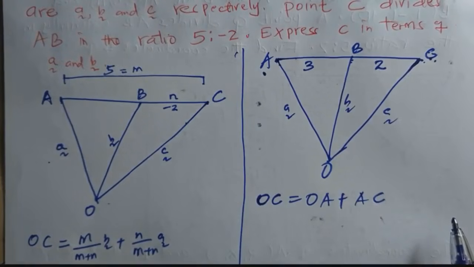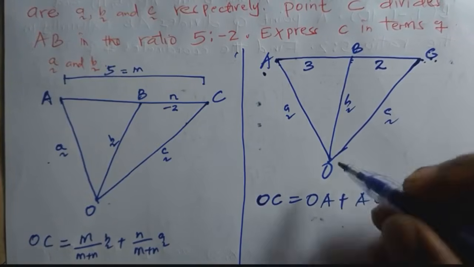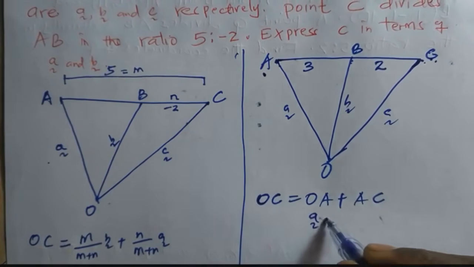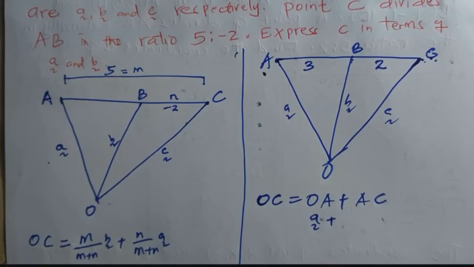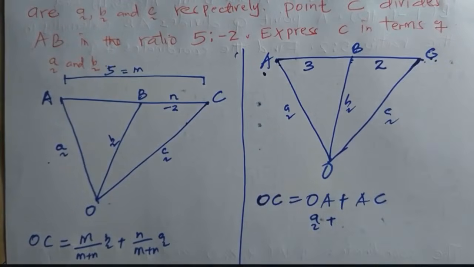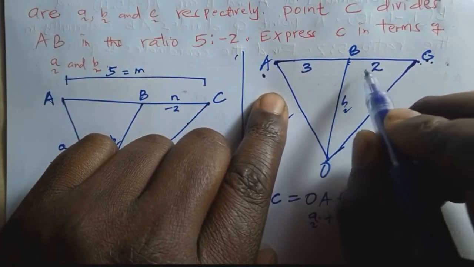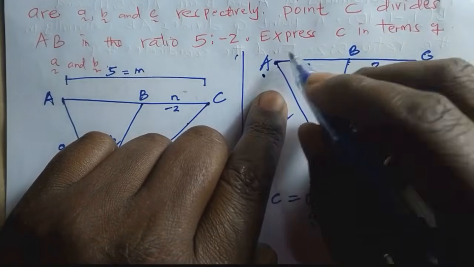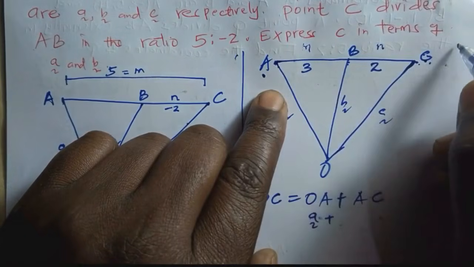That is what we know. Therefore, we know OA is the vector a, plus AC. But what is AC? That is where you need to understand. Remember, this was negative. I want you to know that. Remember, this was minus 2. For as long as it is external, this is negative. So the total of M plus N here is not going to be 5.